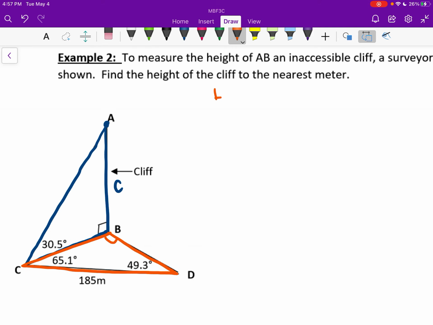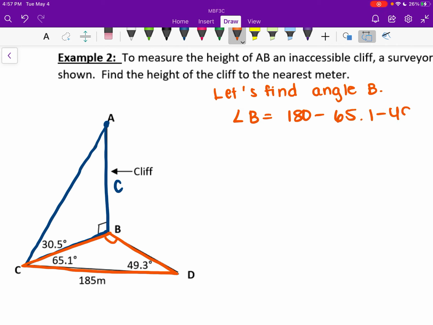Right? So there's always some sort of method to solving these problems. So let's find angle B. So angle B is equal to just 180 because that's how much total degrees these angles need to add up to, minus 61.5 minus 49.3.